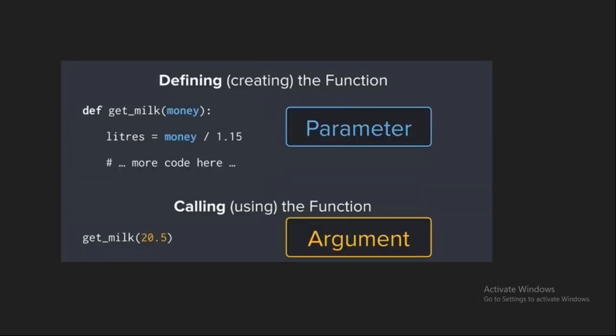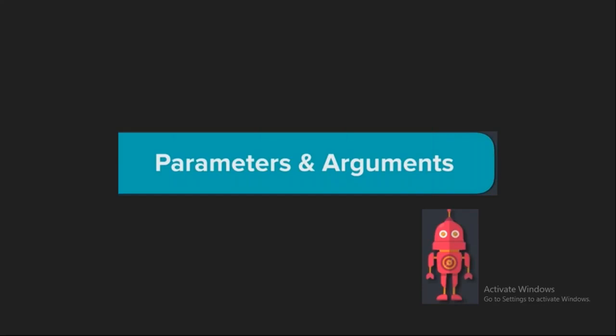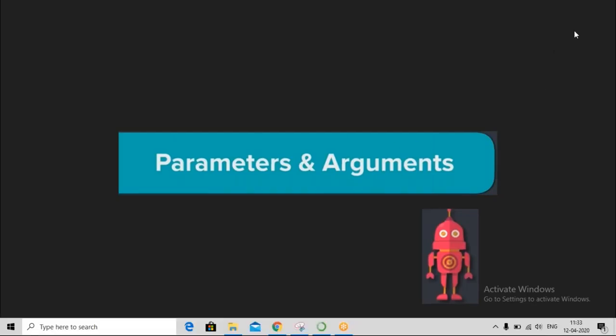Like in other languages like C++ or C, while defining a function and telling it about the parameters, we can tell it that this one should be int, this one should be float.